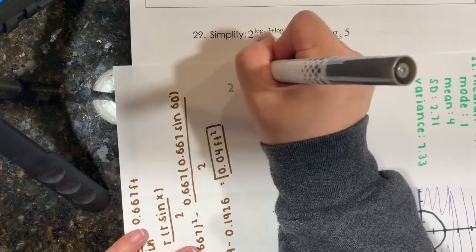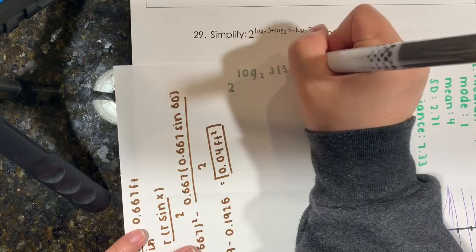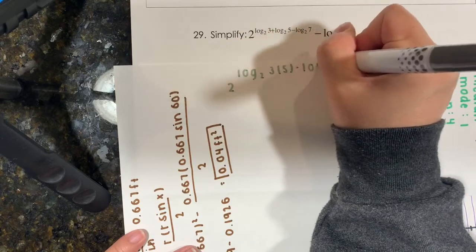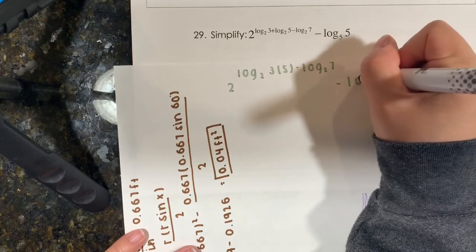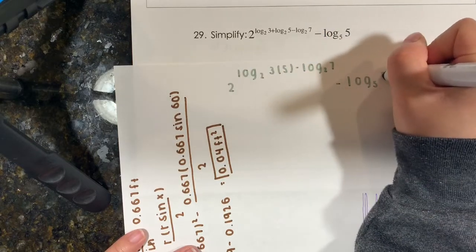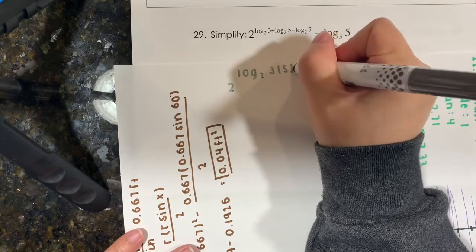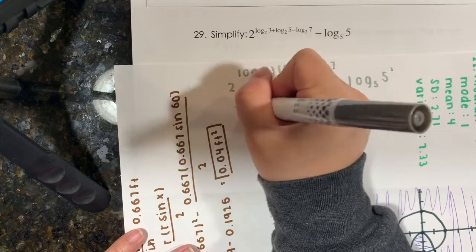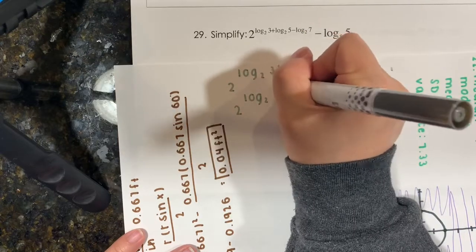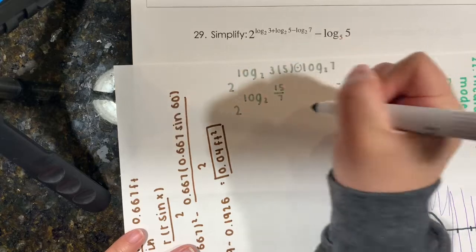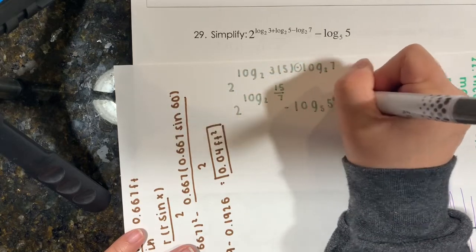So that would be log 2 of 3 times 5 minus log 2 of 7 minus log 5 of 5. And this would be to the power of 1 because there's no exponent. Now, because of the minus sign, we're going to divide. So that would be 2 to the log 2 of 15 divided by 7 minus log 5 to the 1.